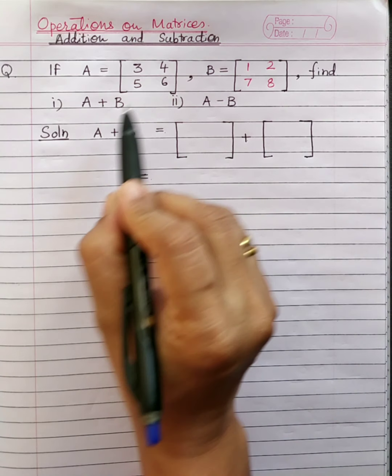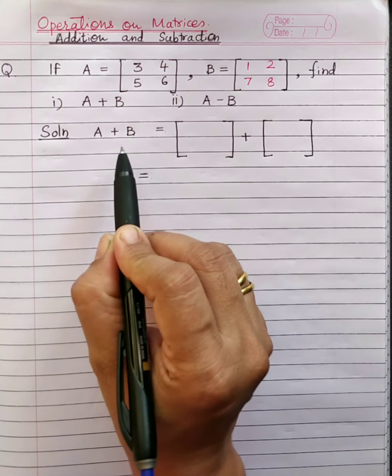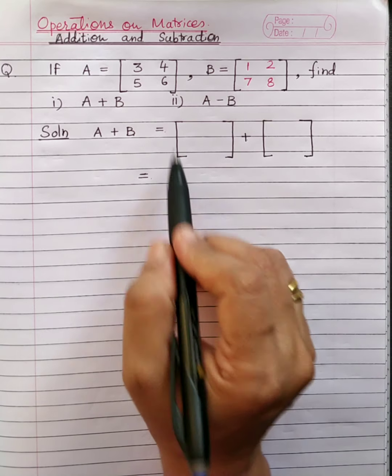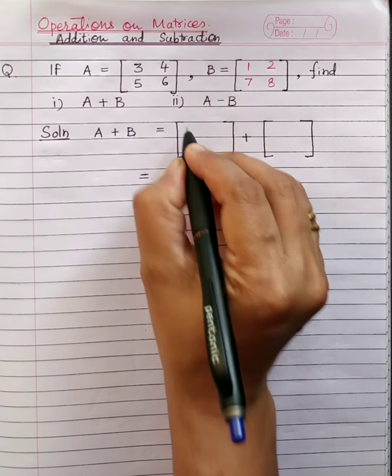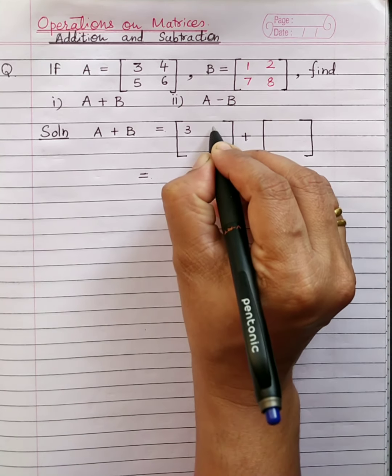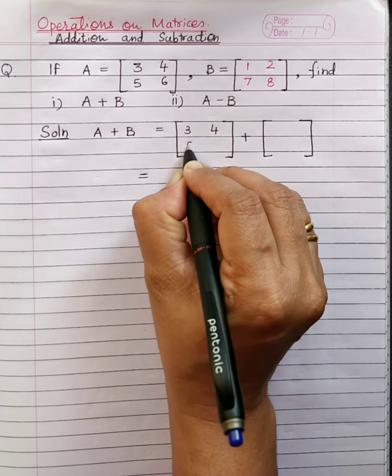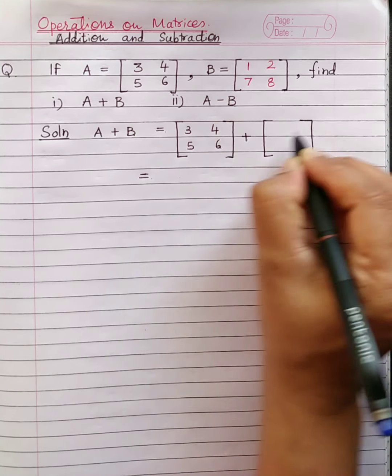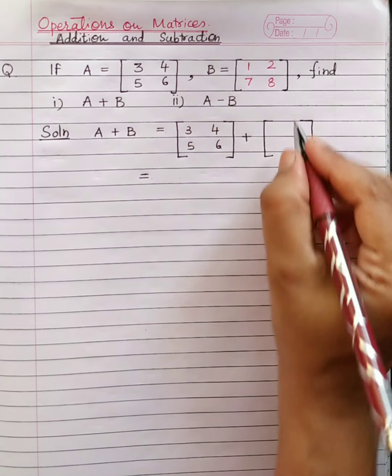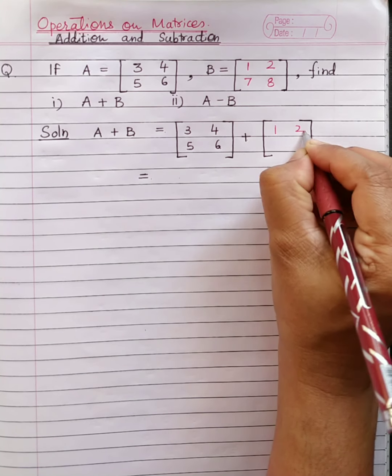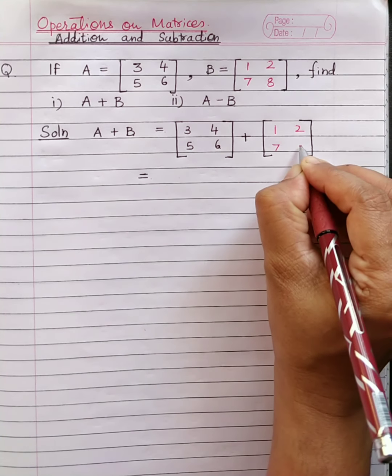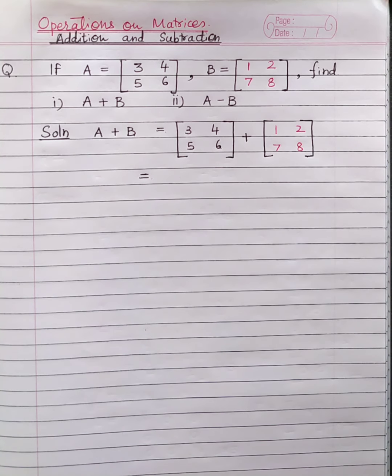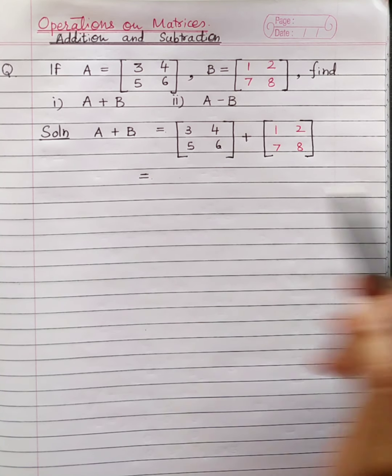Now here matrix A and B, when I am adding, I will write them first. So matrix A given to me is 3, 4 in the first row, 5, 6 in the second row, and B is 1, 2 first row, 7, 8 second row. Now observe carefully.